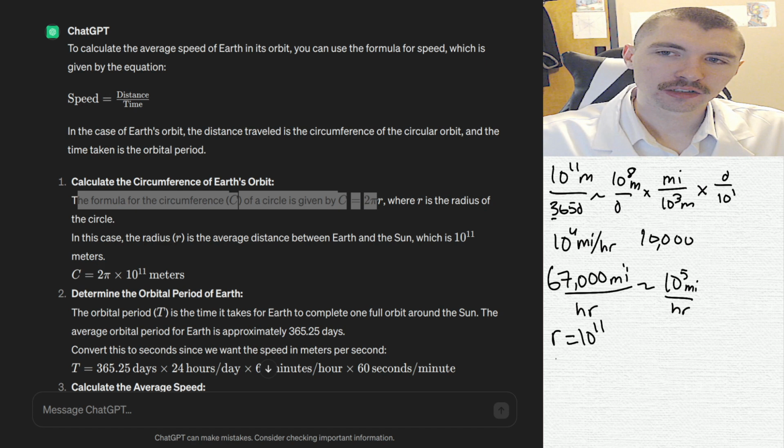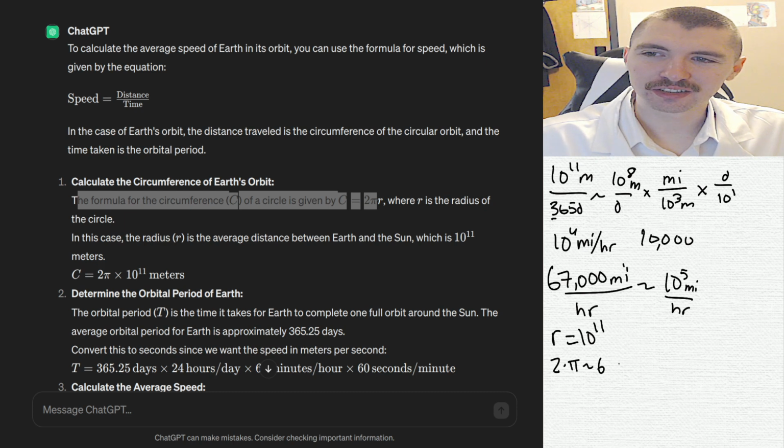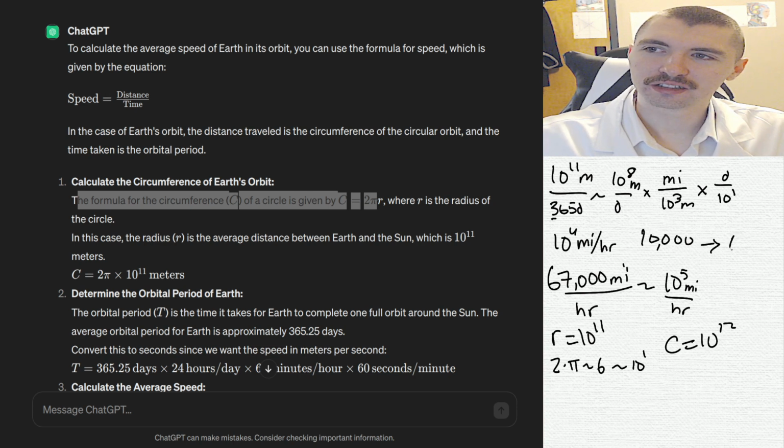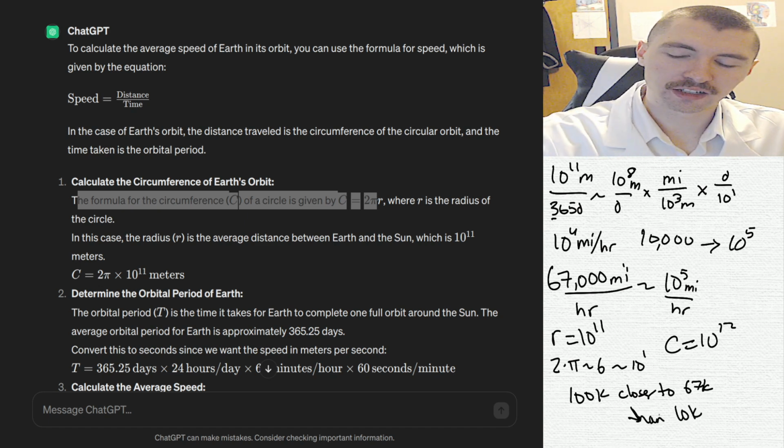Okay. So we still have 2 times pi, which is about 6. So if we could get this extra order of magnitude by saying 6 is about 10 to the 1, which would change this to 10 to the 12, and then this would get 10 to the 5. And that'd be so like 100k is closer to 67k than 10k.